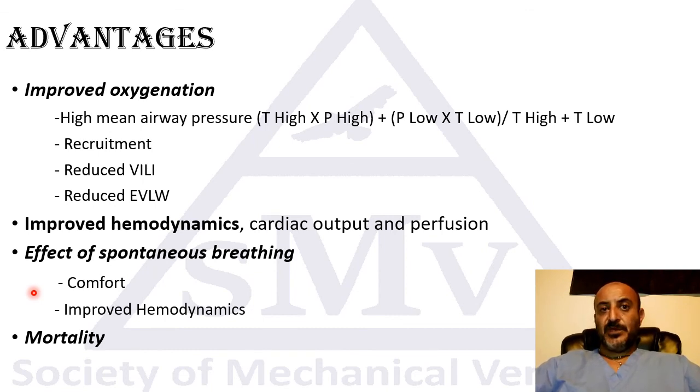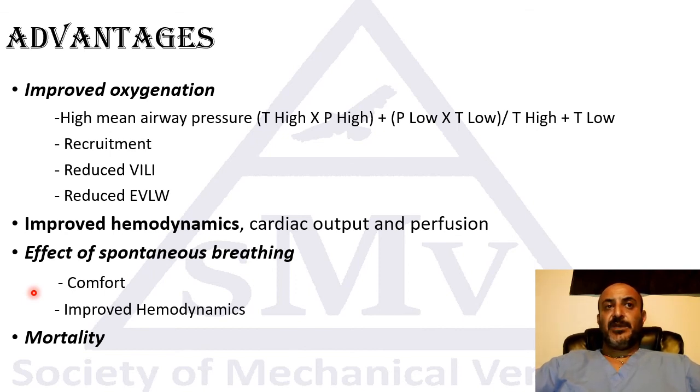Now, mortality, and that's the important part. I used to be asked, why do you use this mode that hasn't shown any mortality benefit in ARDS? I don't really believe that the mode itself alters the mortality. If there is one mode that can improve mortality, then there's no reason not to use that mode. I think any mode, if used correctly or less dangerously, can improve mortality.